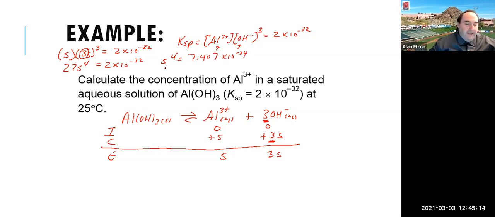We want to take the 4th root of that. And if you're not sure how to do that on your calculator, if you don't have that button, there's a couple of ways you could do it. By the way, we end up with something like S is equal to 5 times 10 to the minus 9.